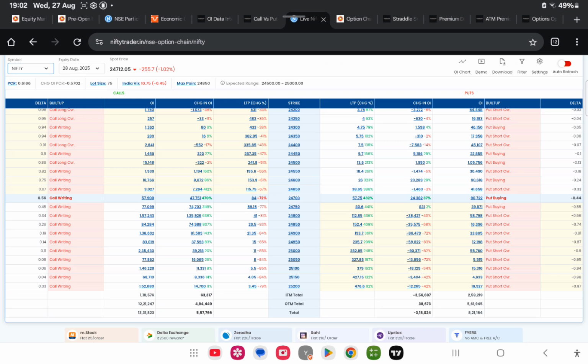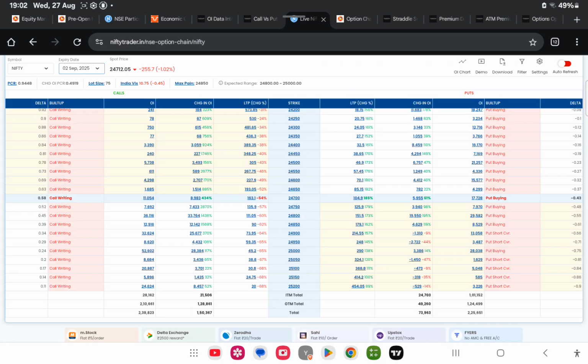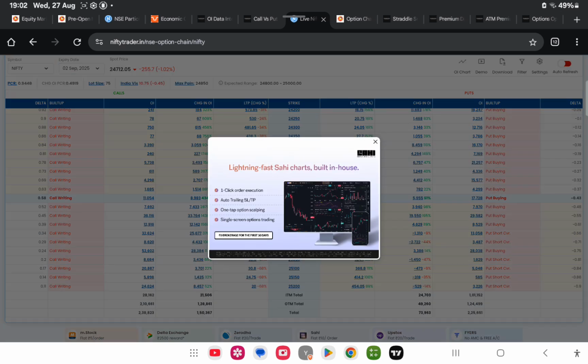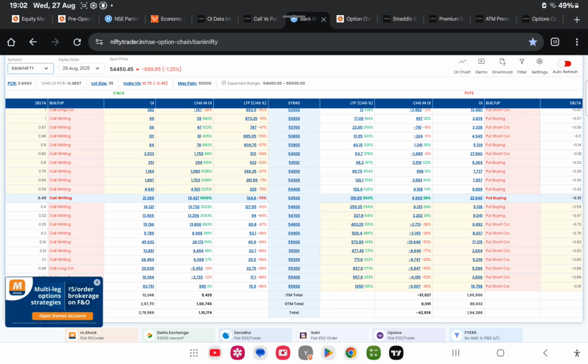You could see 12 and 5, definitely the resistance was strong, but when you check for next expiry, it's 21 and 12, so still resistance is there in the market. I'll go to Bank Nifty. Definitely this will improve because of HDFC Bank. The prices will try to adjust. For Bank Nifty it's 267 versus 88, so definitely strong resistance is seen.